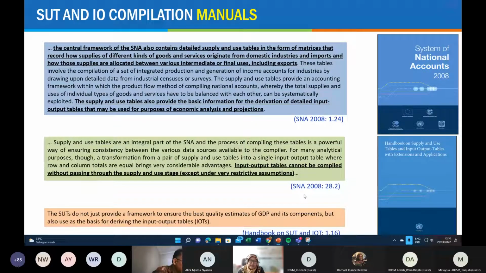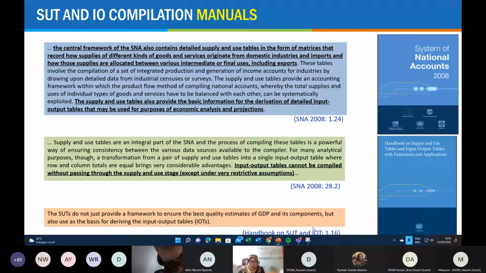And then also from SNA 2008, Chapter 28, Paragraph 2, we read that the input-output table cannot be compiled without passing through the supply and use stage, except under a very restrictive assumption.